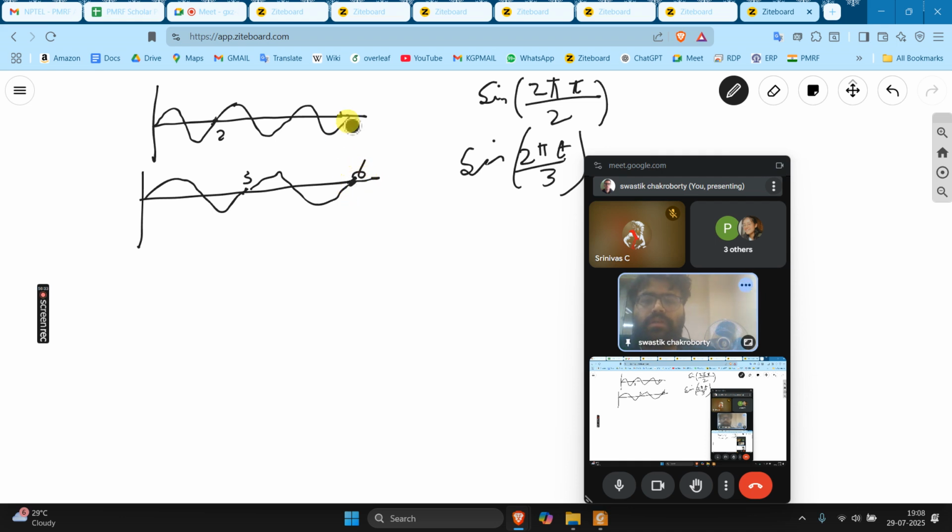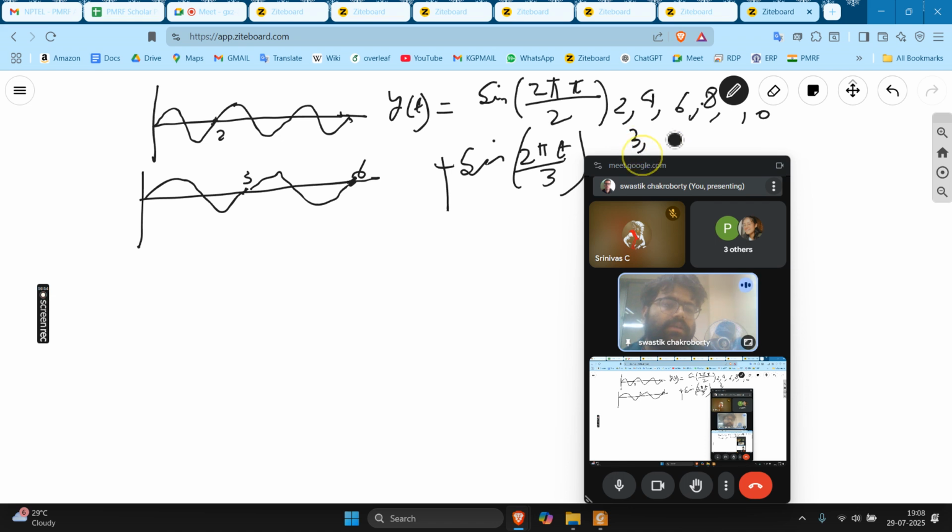So the thing is, if you add them, then the overall signal y(t) will repeat when both of them are repeating. Now this will repeat at 2, 4, 6, 8, 10.